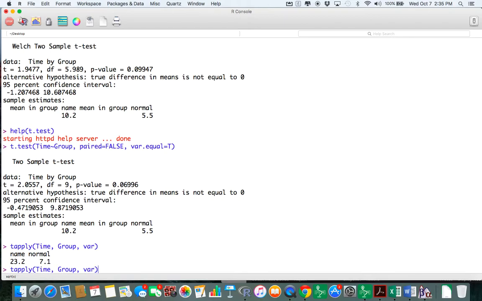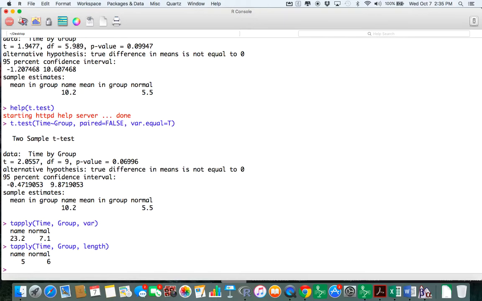Let's get our sample size there. All right, we are ready. So I want 23.2 divided by 5 plus 7.1 divided by 6, and that should do it.